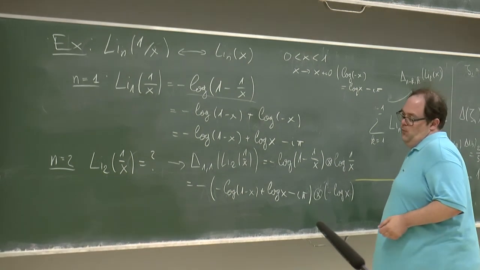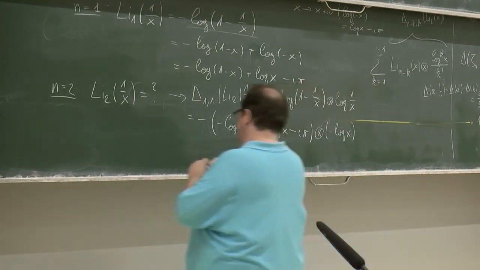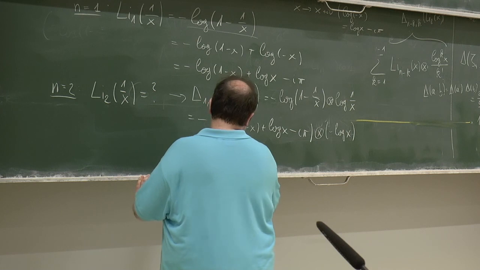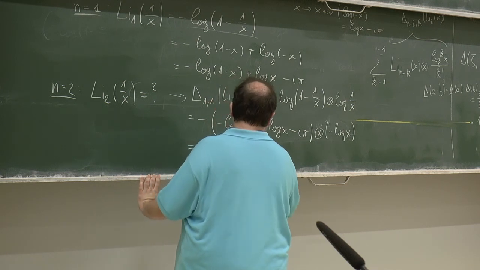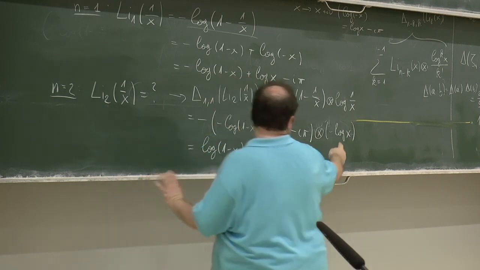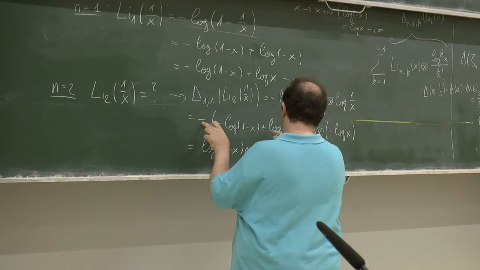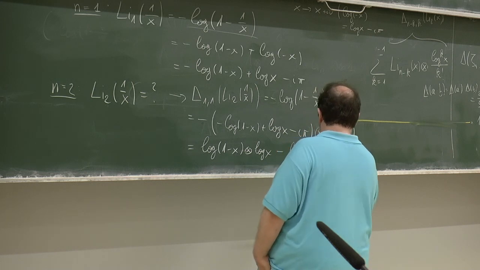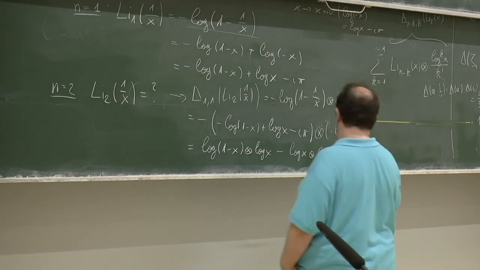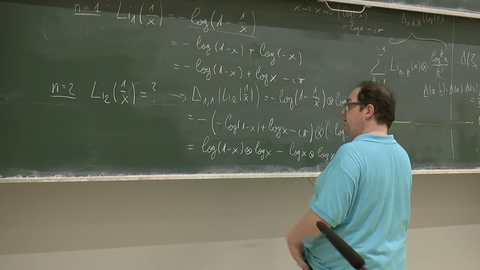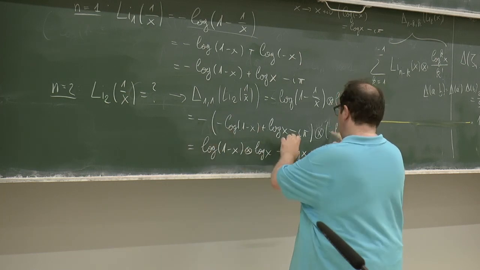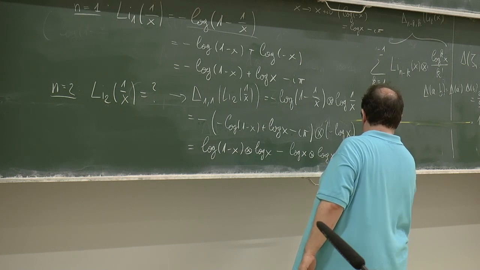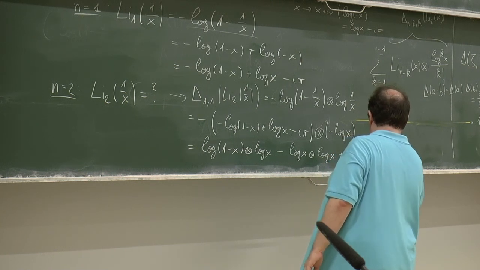Now, let me expand this out. I get log 1 minus x, tensor log x. That's that one and that one. Minus log x, tensor log x. Minus, plus I pi tensor log x.